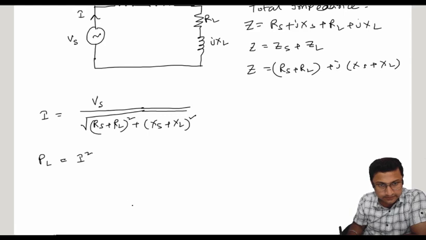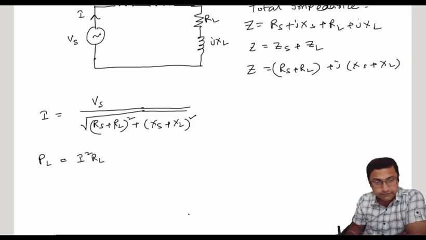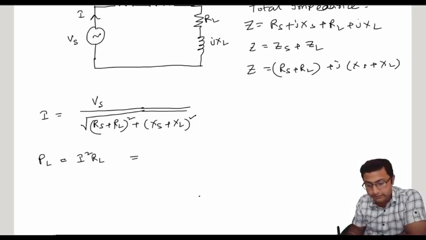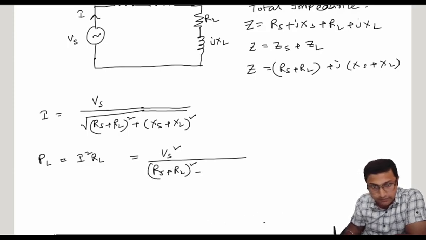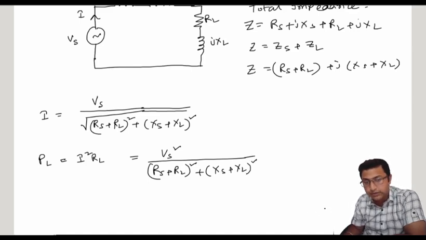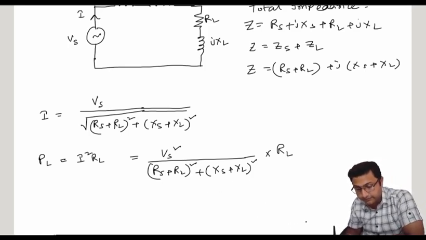That is I square into RL, the power delivered to the load, and if I put the value, I square means Vs square divided by the total thing, but the square root will be omitted, that is (Rs plus RL) whole square plus (Xs plus XL) whole square, into RL. So this is basically I square into RL.